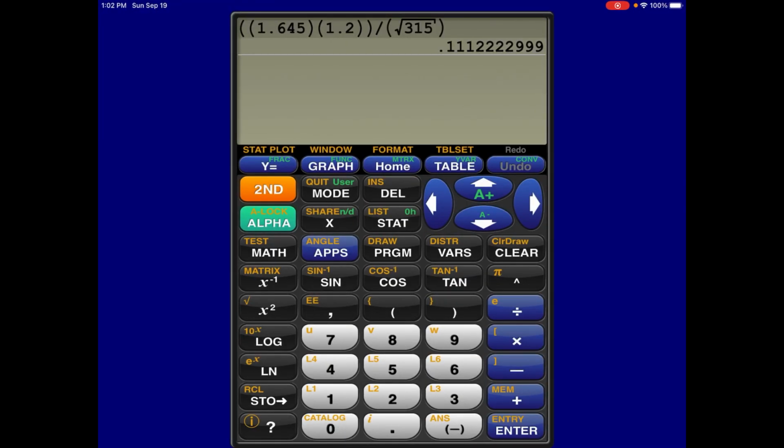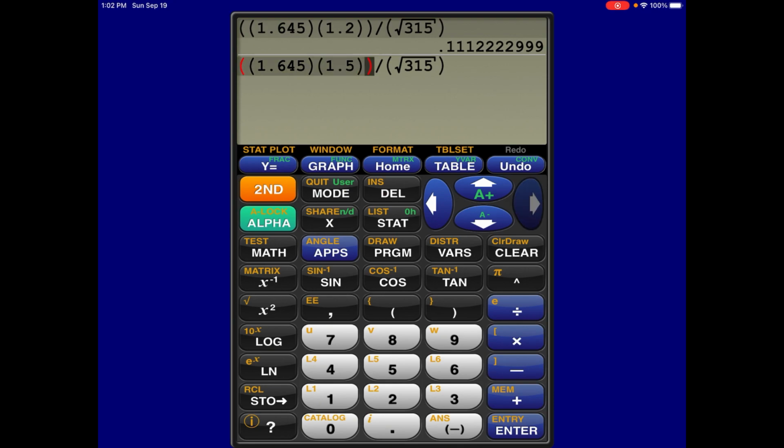Now, here's a trick. This problem looks very similar to the one we just did. So I can repeat everything. To do that, I'm going to press second enter. Second, the orange button, and then the bottom right. And what it does is the orange word says entry. You're basically repeating the entry or copy and pasting. Second, enter there. We already had a 90% confidence interval that had a z-score of 1.645, so I don't have to change that one.